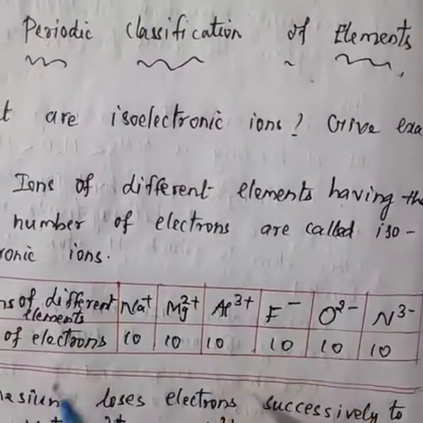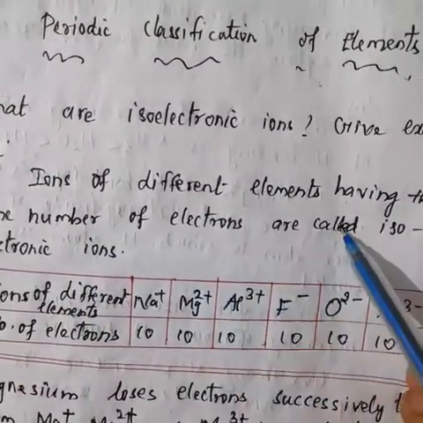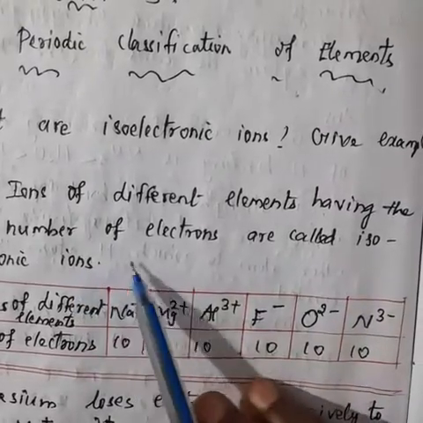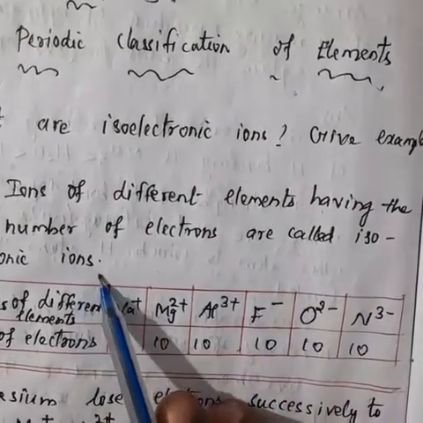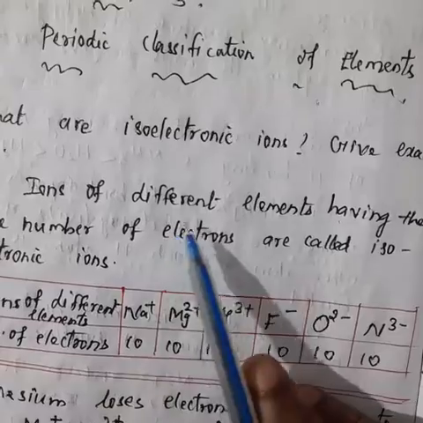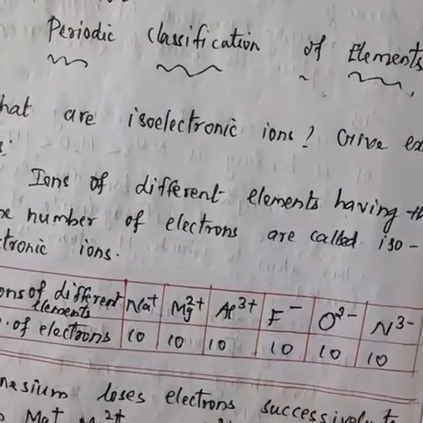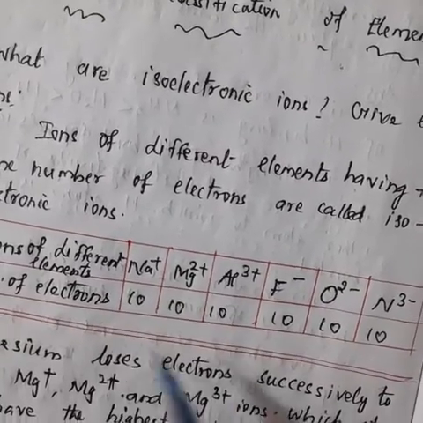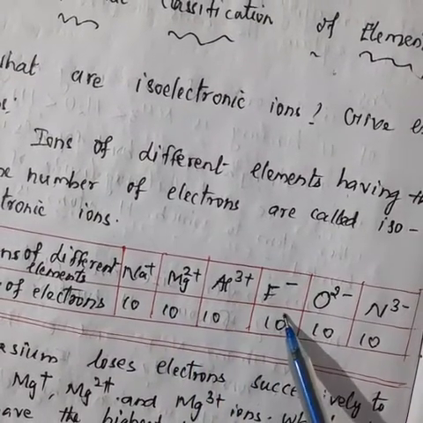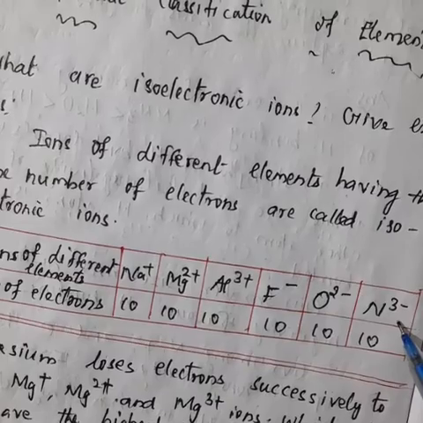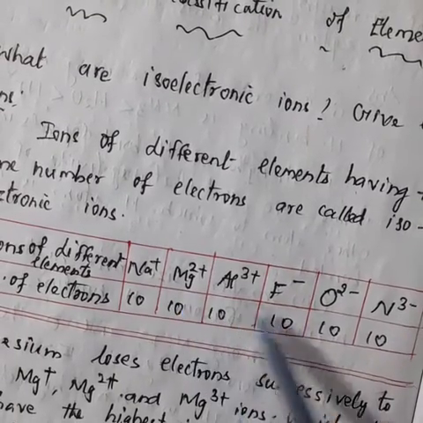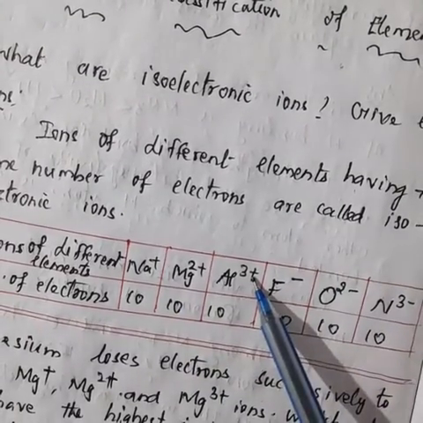Answer: ions of different elements having the same number of electrons are called isoelectronic ions. For example, Na plus, Mg2 plus, Al3 plus, F minus, O2 minus, and N3 minus.